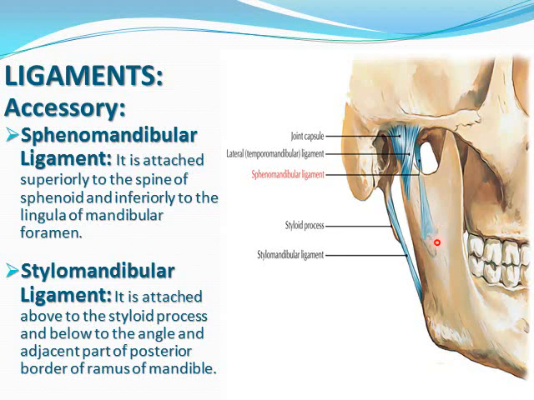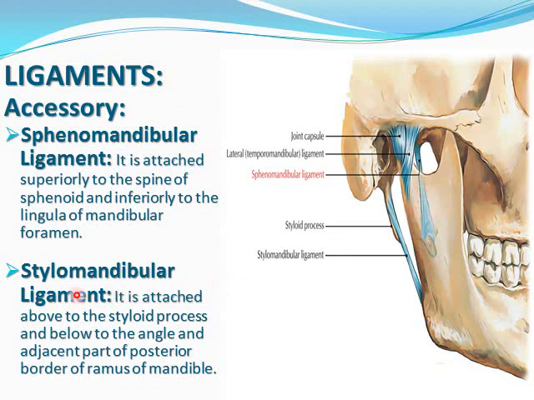Lingula is the bony projection at the mandibular foramen on the medial aspect of the ramus of mandible. Sphenomandibular ligament acts as a check ligament for the movements of the mandible at the temporomandibular joint.